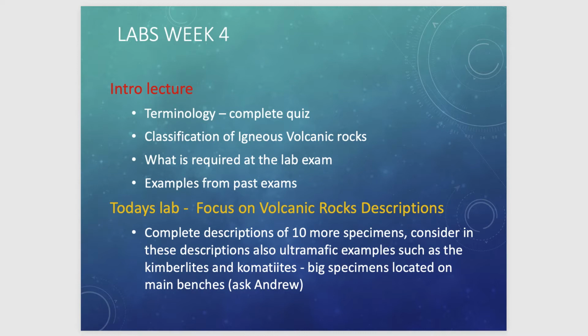These two factors, description and classification of igneous, volcanic and plutonic rocks, will be critical. I will give you some examples in this lab of the type of pictures that will be provided to you, and also some examples on how you should describe the different specimens.